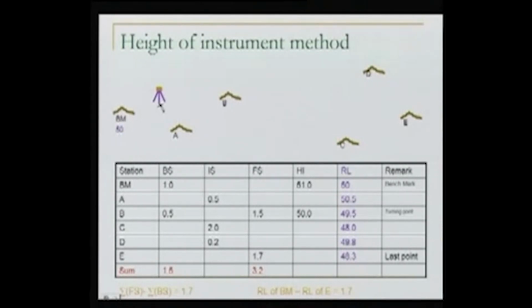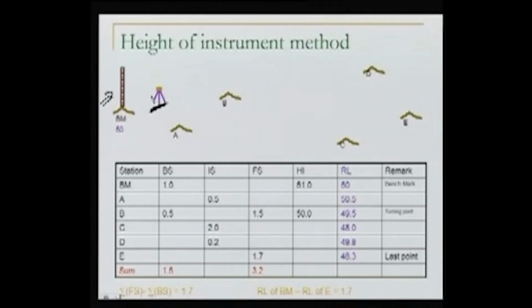Having done that, the next step will be I will keep a staff at the known point, which is the benchmark. Because this benchmark RL is known to us, so we keep a staff, and next we will level our instrument. Level means we will set it up, we will level it so that the line of sight is now horizontal.